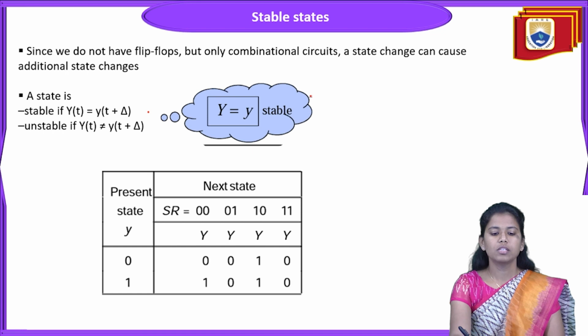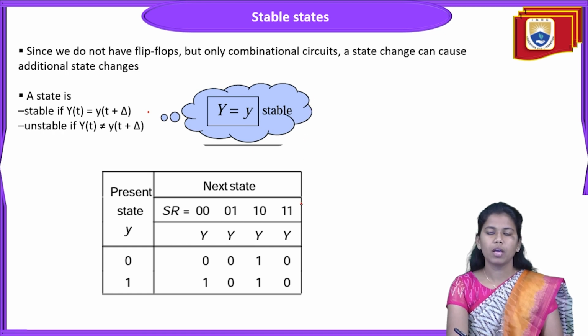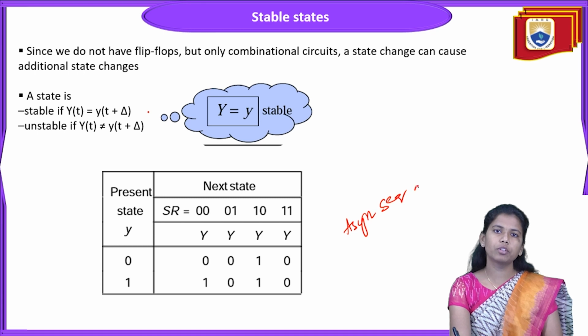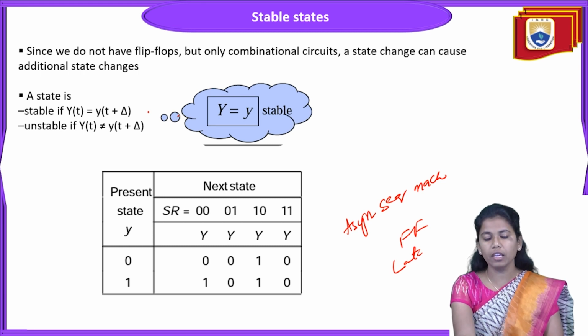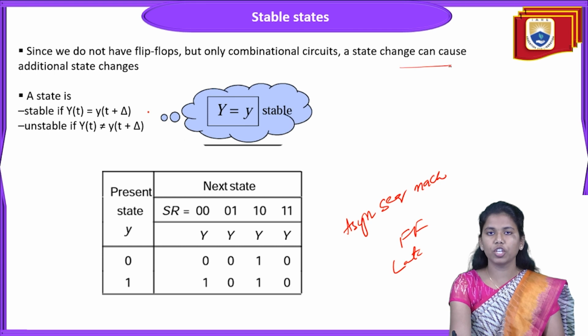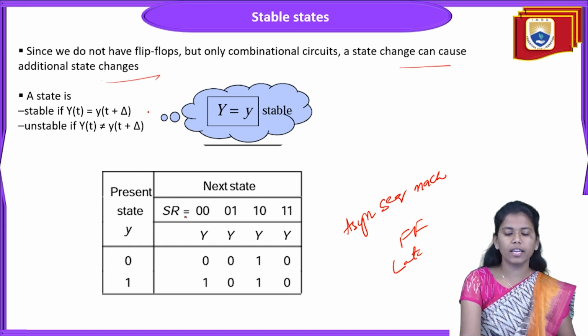Now, since it is an asynchronous sequential machine, nowhere have flip-flops and latches been used. Since we don't have any flip-flops, but only combinational circuits, a state change can cause additional state changes.